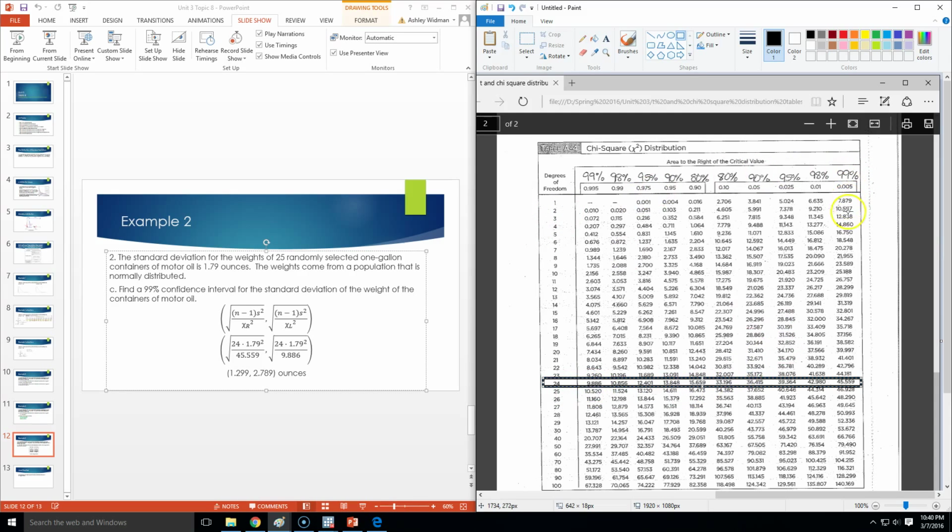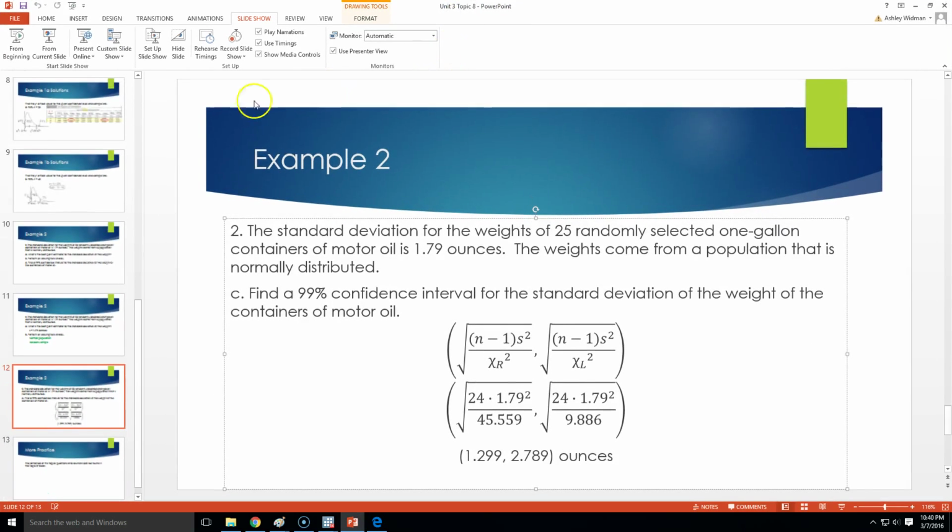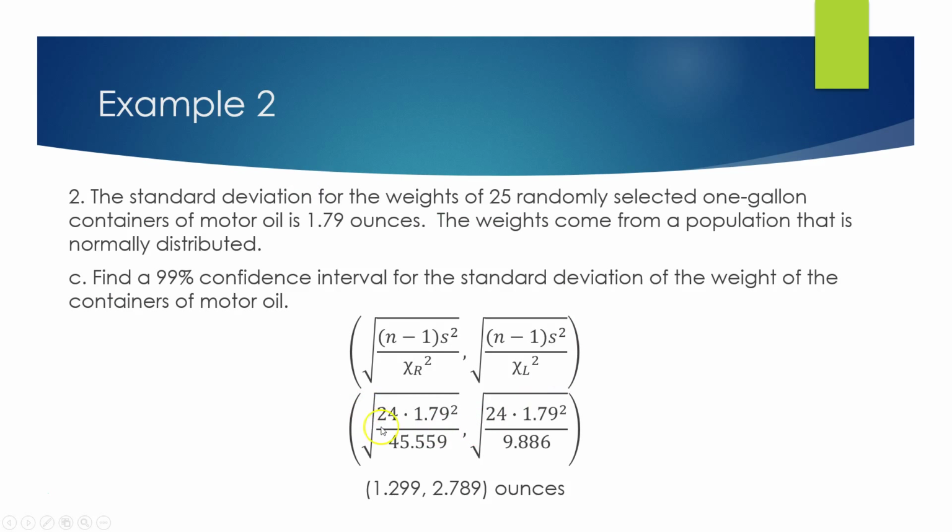The right critical value is 45.559, which is going to go in the denominator of the left square root. The reason that these are switched is that if you want to end up with a smaller number on the left side, you need to divide by a larger number here. If you accidentally switch these, which will probably happen pretty frequently, just make sure you switch them at the end in order to make sure you have the lower number and then a comma and the higher number.